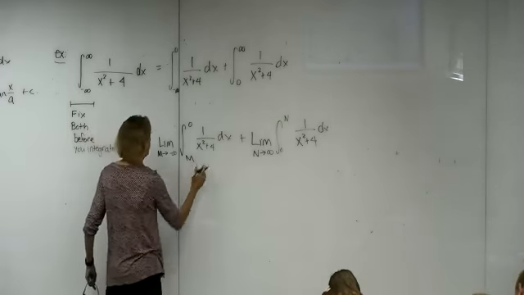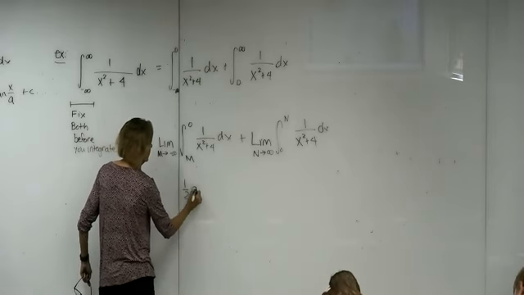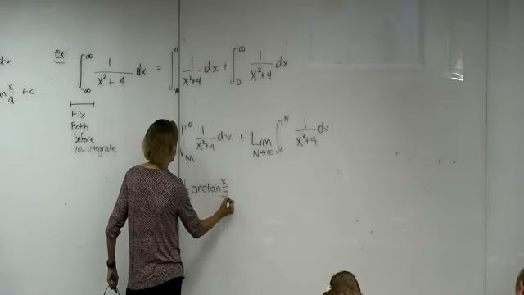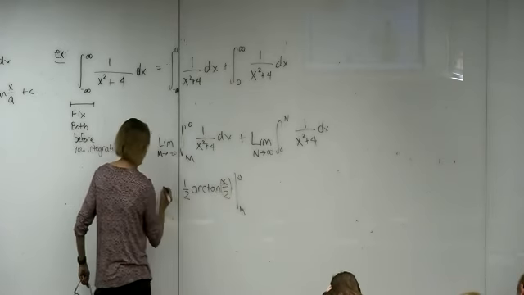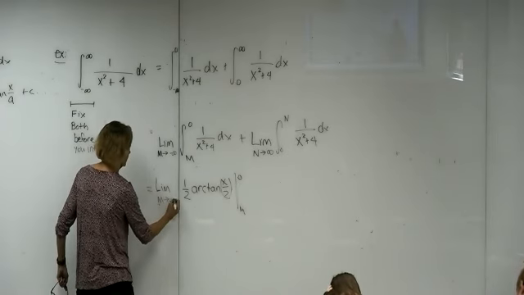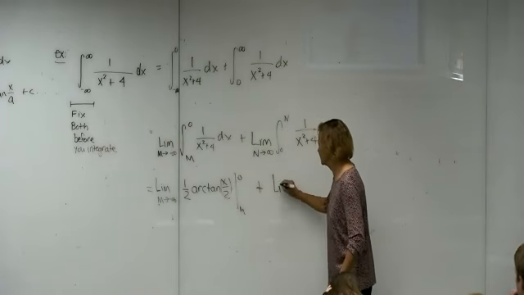So our a is 2, so I get 1 over 2 arctangent of x over 2. And I have to evaluate this one from m to 0, and then let m fly off to minus infinity. And we're going to let n go to infinity.